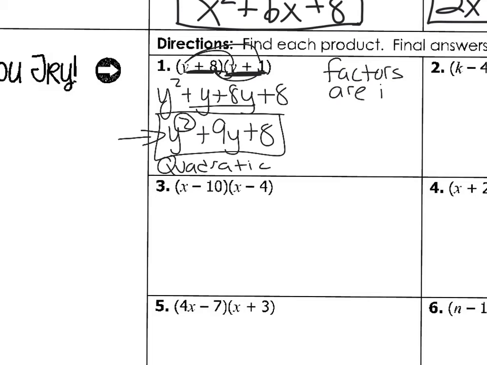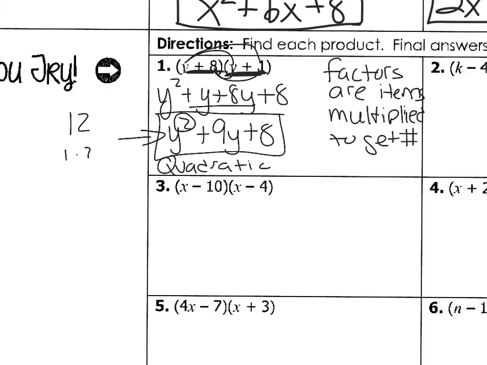And the factors are items multiplied to get a number, right? If I say, what are the factors of 12? You say 1 times 12, so 1 and 12 are factors, 2 and 6 are factors, 3 and 4, those are all factors of 12.